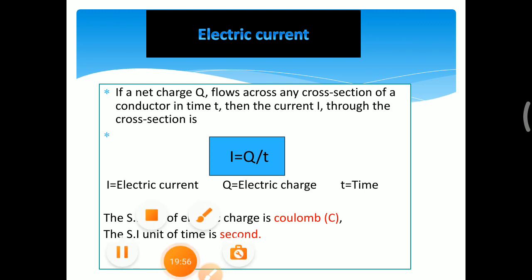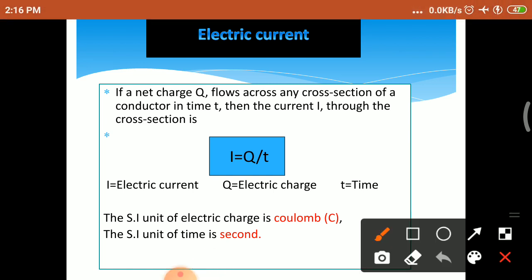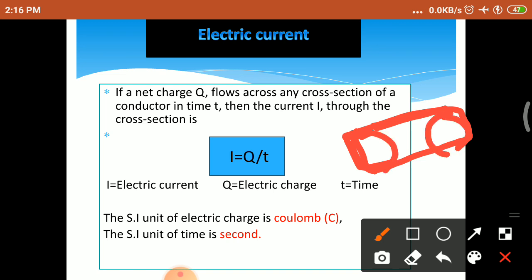So if you take electric current: if a net charge q flows across any cross section of a conductor in time t, then the current I through a cross section is given as follows. If you take a conductor, this is a small area of cross section, and the electric charges are flowing through this area in unit time.